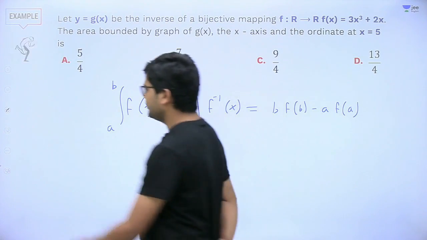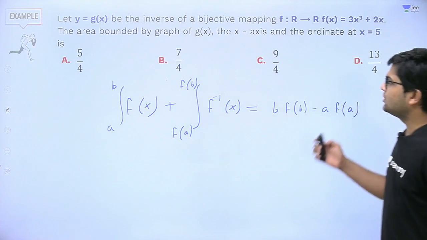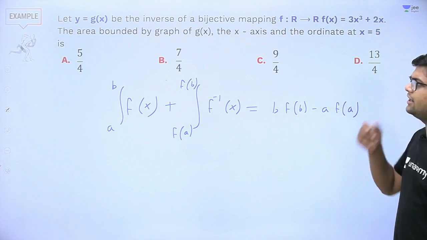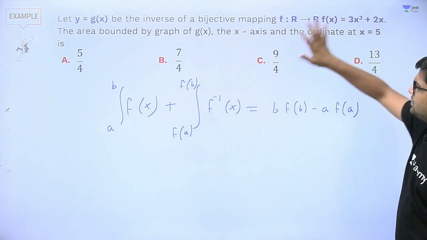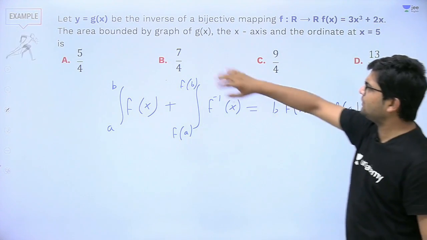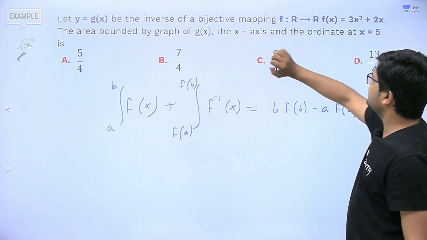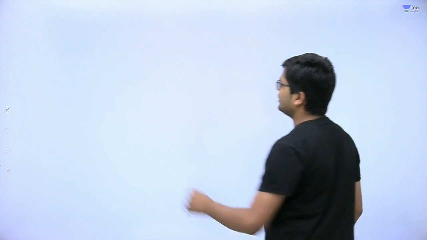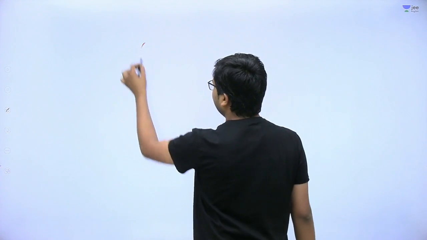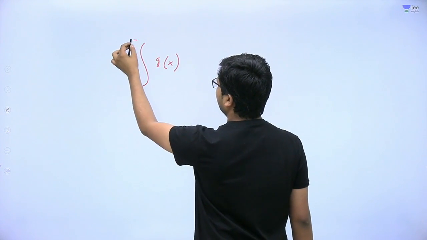So I am using this integral to solve this question. In this question, g(x) is the inverse of f(x), and f(x) is given to me as this. We need to find the area bounded by the graph of g(x) with the x-axis and the ordinate x equal to 5. So what I need to find is the area of g(x) from 0 to 5.